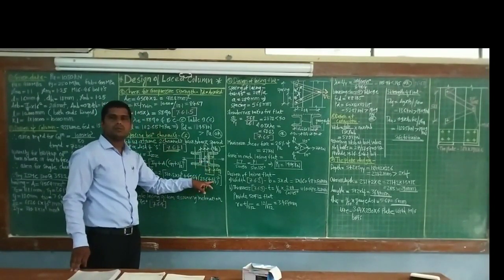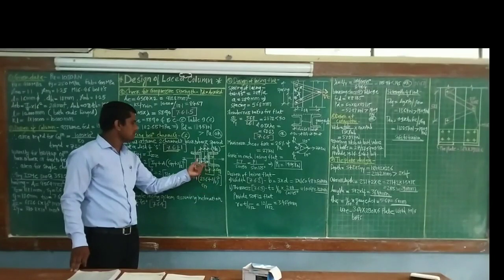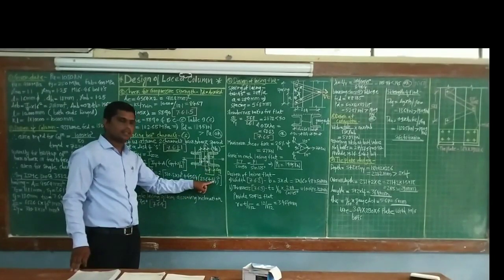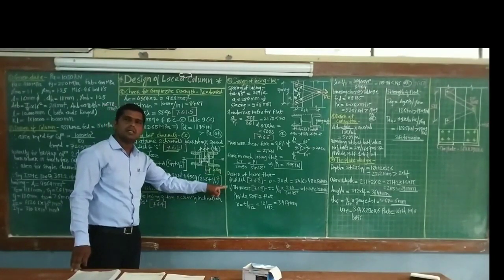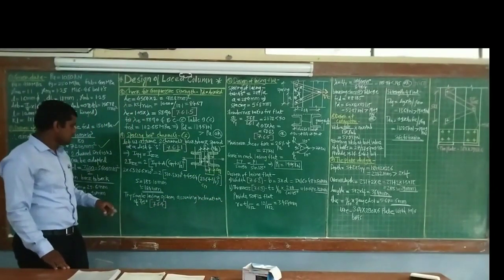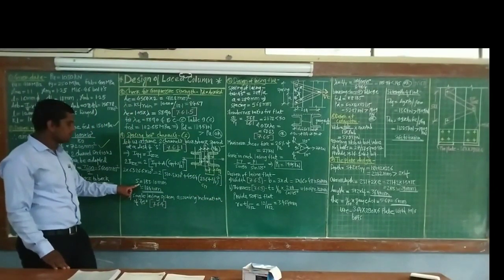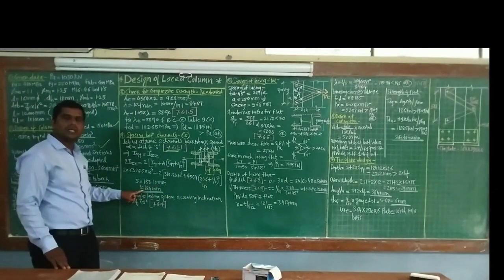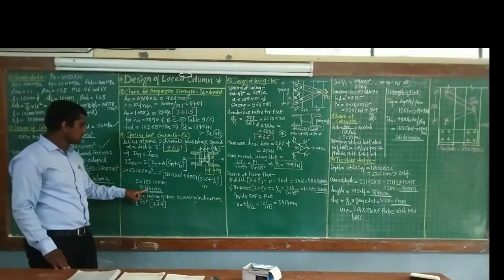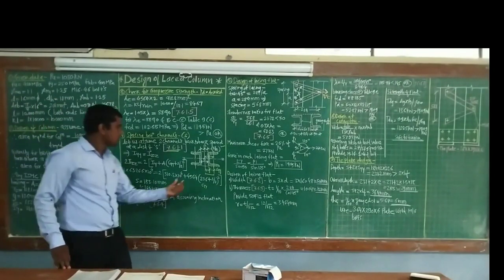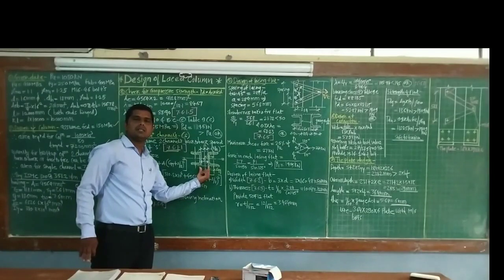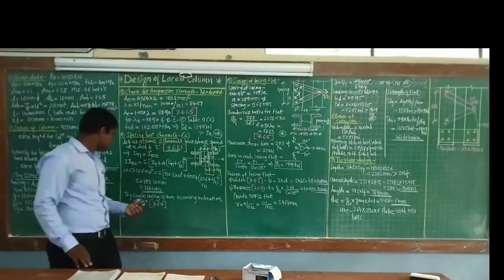Here we are going to find the spacing between these two channels, which is the unknown, and the whole bracket is squared. So the S value will be 183.10 mm, and approximately we are going to consider 184 mm. So this 184 mm will be the spacing between these two channels when placed back to back.